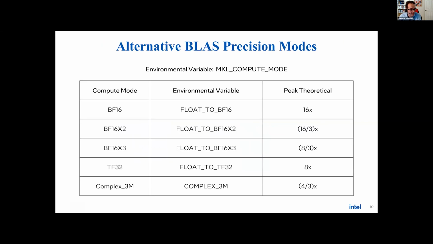So with this, I go to the portion for mixed precision. Within the MKL library that we have as part of Intel oneAPI, there's something called the MKL compute mode, with which you can basically convert a float input matrix to one of a series of different precisions, in this case bfloat16, x2, x3, TensorFloat32, and then complex 3M.